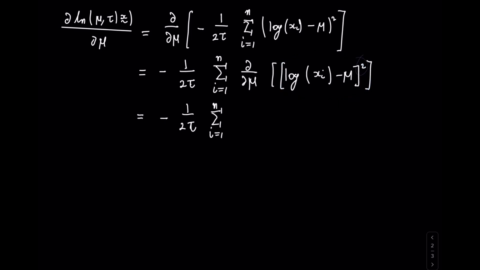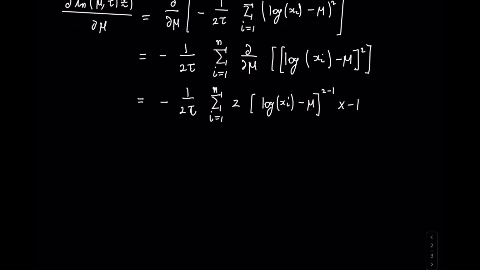To differentiate a polynomial, first we take the power down the front, and then take 1 off the power: log xi minus mu, with 2 minus 1 off the power. Then we need to multiply by the derivative of the inner function. Don't forget that. The derivative of the inner function, with respect to mu, is just negative 1. So that gives us times negative 1.